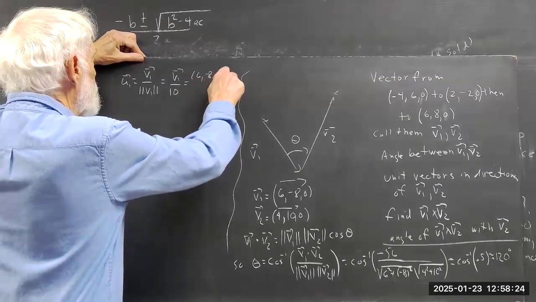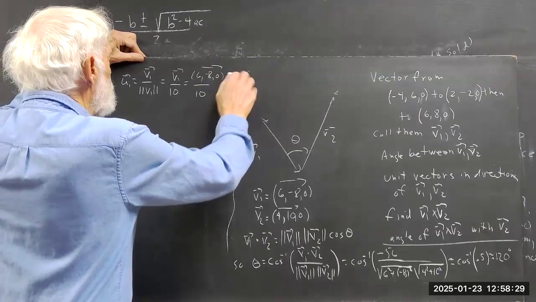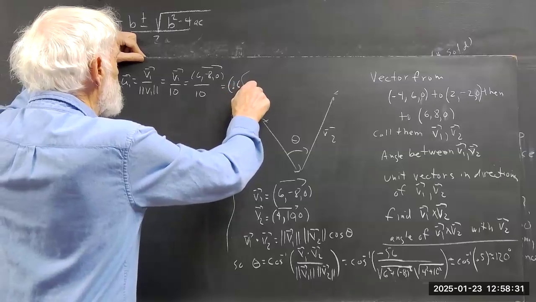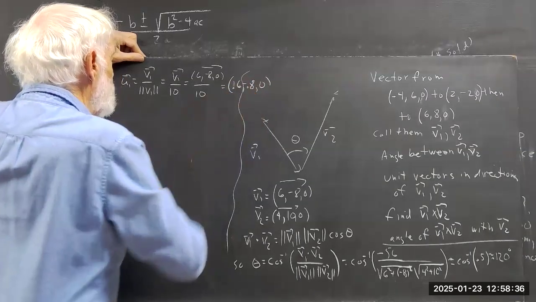So V1, minus 2 V1 over 10 is (6, -8, 0) over 10, which is (0.6, -0.8, 0). Right.